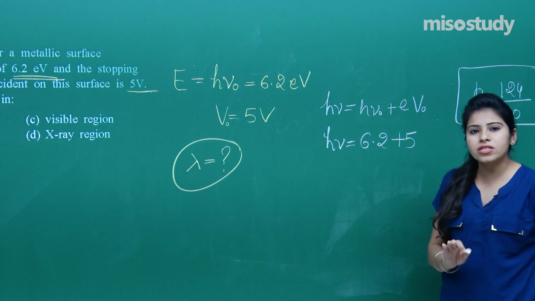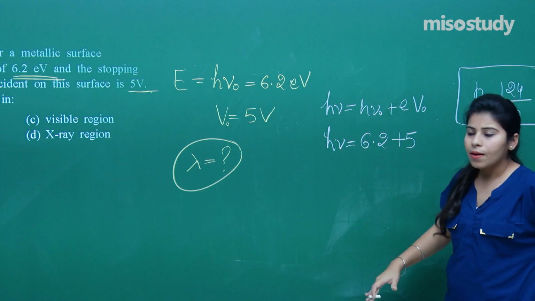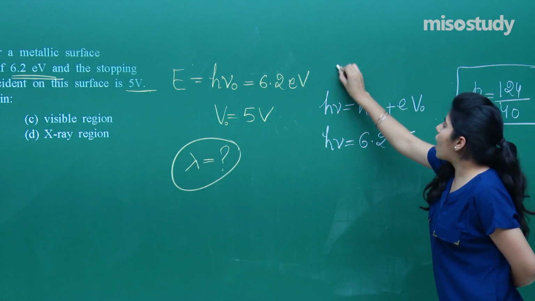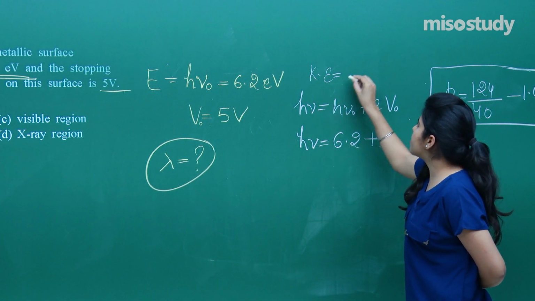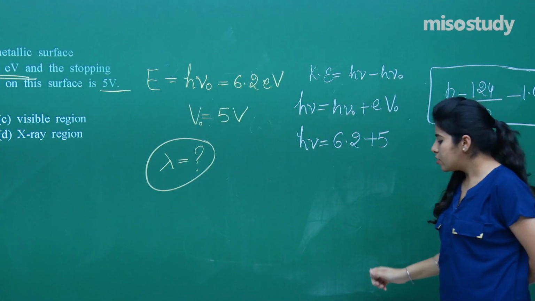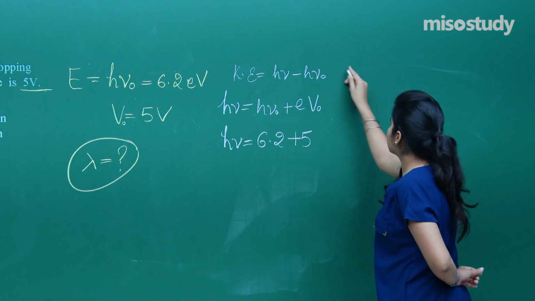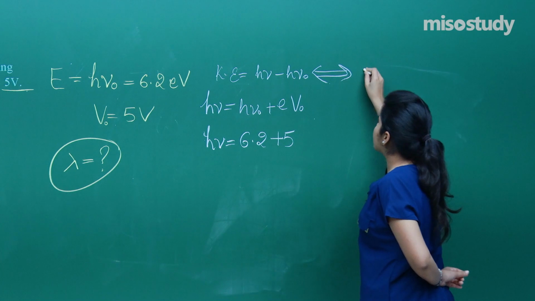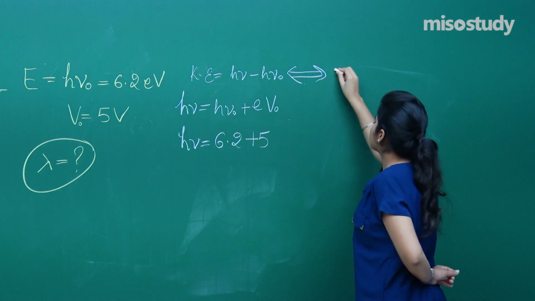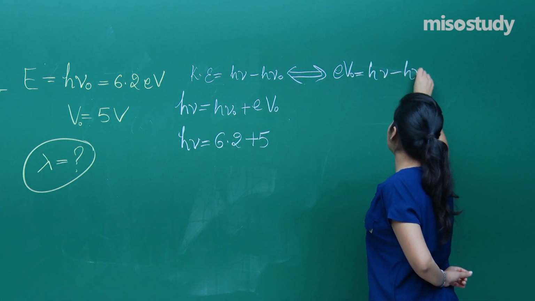I have just written the photoelectric equation in another manner, because e V naught is the kinetic energy. I had earlier written kinetic energy equals h nu minus h nu naught, or you can write it as e into V naught.